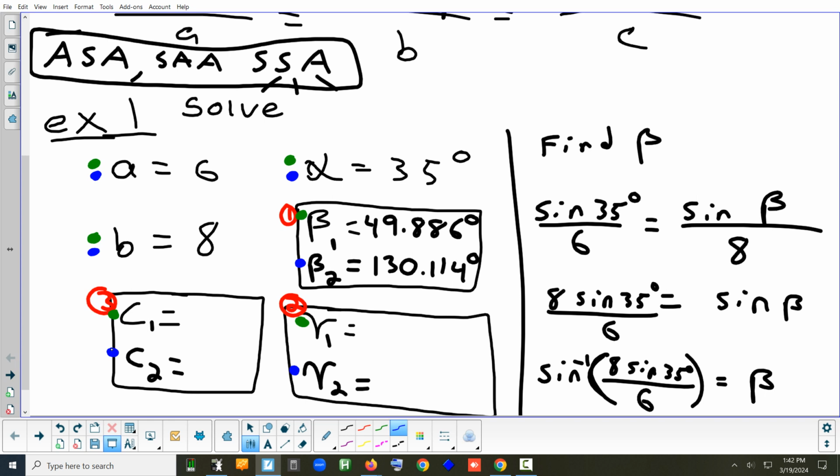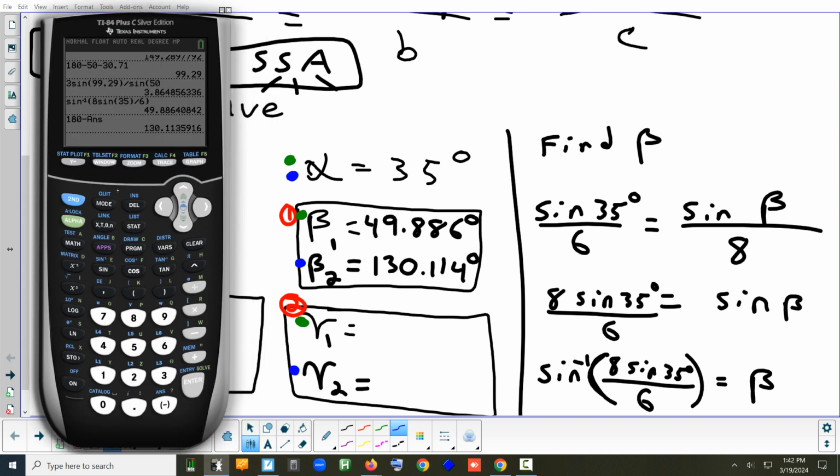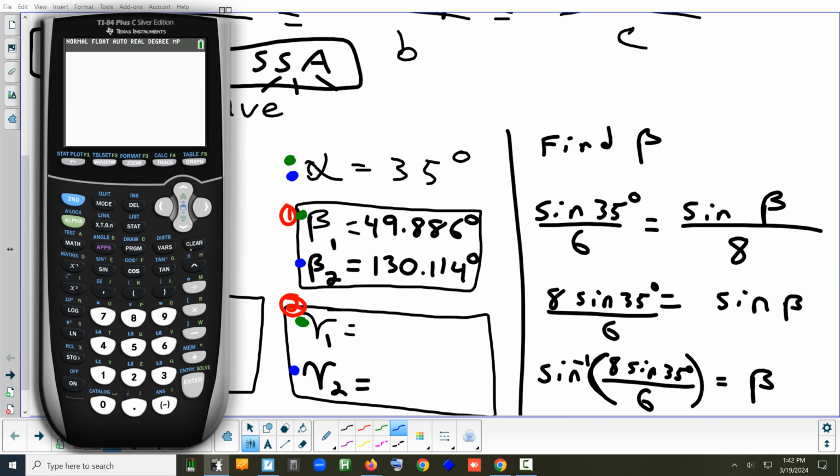So now let's see if we can get gamma 1. Using what we figured out, because you got to use what you figured out, how would you get gamma 1? Subtract from 180 the beta 1 and alpha. Yes. So take basically the two green angles and subtract them from 180.